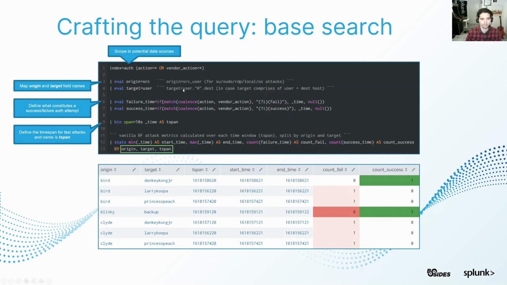If I run this detection up to this line, that's the type of output that I'm going to get. You can see already for Bird and for Blinky, Blinky has made 7 attempts in total. 6 of those failed, and 1 was successful. And for Bird, 1 was successful. And of course, targeting different users or user accounts.